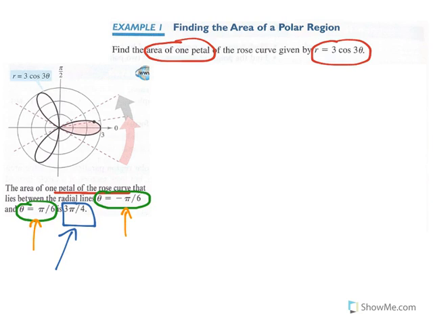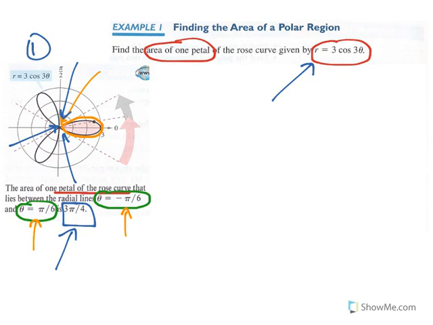That begins with looking at the graph and making the visual observation that a petal starts at the pole and also ends at the pole. So if you want to figure out what theta is for each time the rose curve is at the pole, you will begin by taking the polar equation and setting r equal to 0 and solving for theta to determine the values of theta for which the curve will be at the pole.